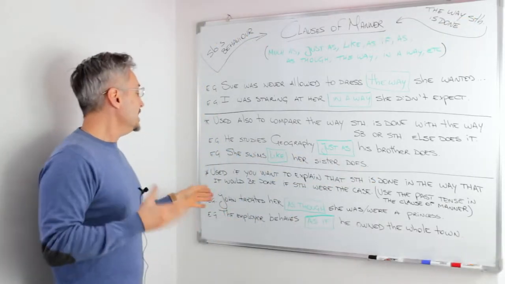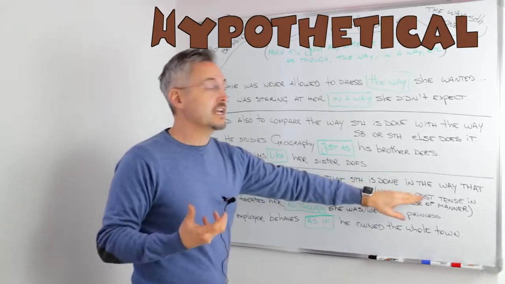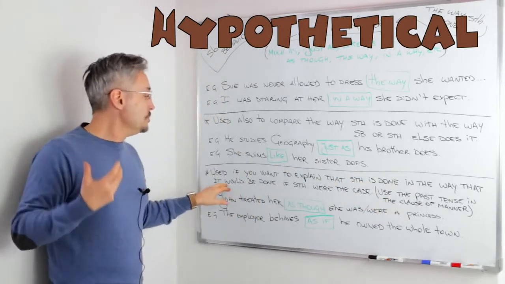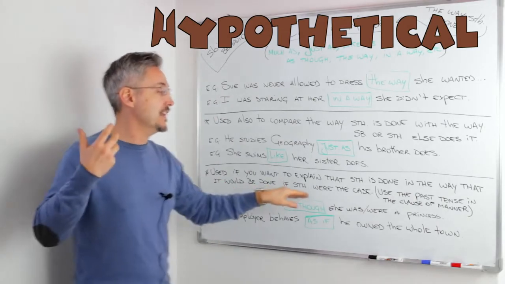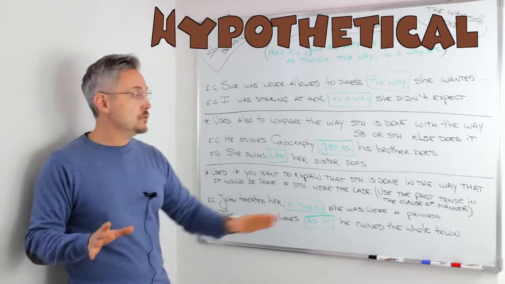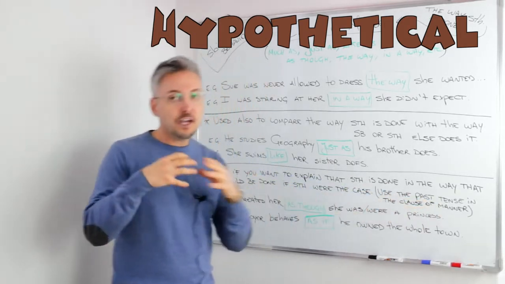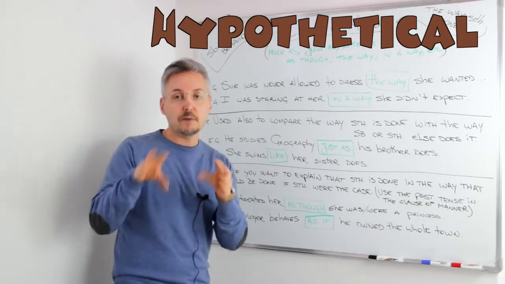Now, it is used also if you want to explain that something is done in the way that it would be done if something were the case. And in this case, we need to remember to use the past tense in the clause of manner.